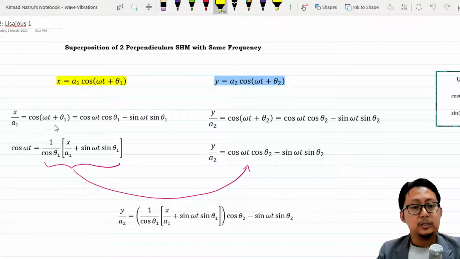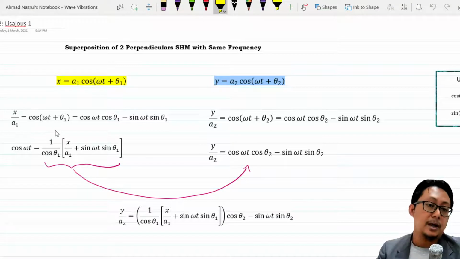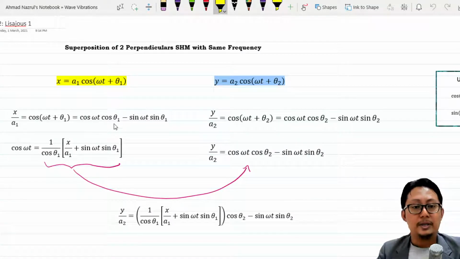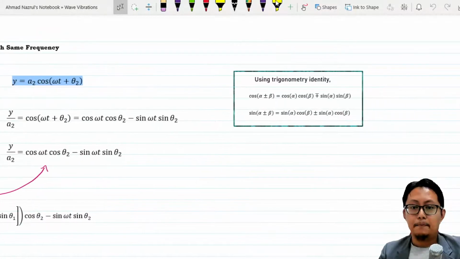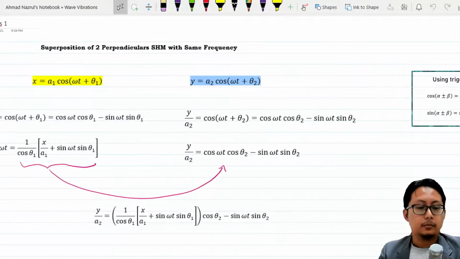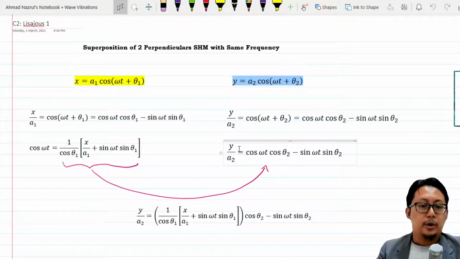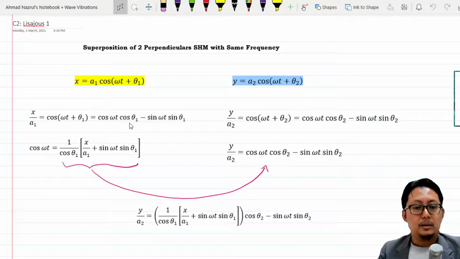For cosine of A plus B, you can have cosine A cosine B minus sine A sine B. Here, cosine A plus B gives cosine A cosine B minus sine A sine B. So you get cos omega t cos theta 1 minus sin omega t sin theta 1.